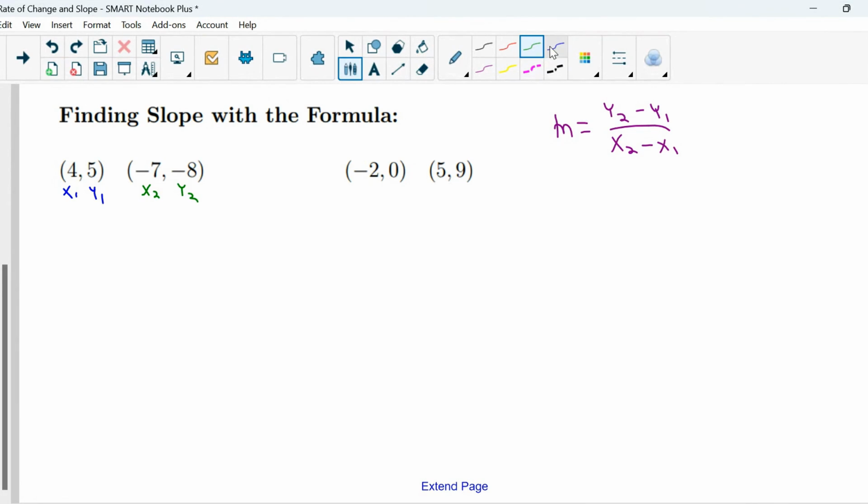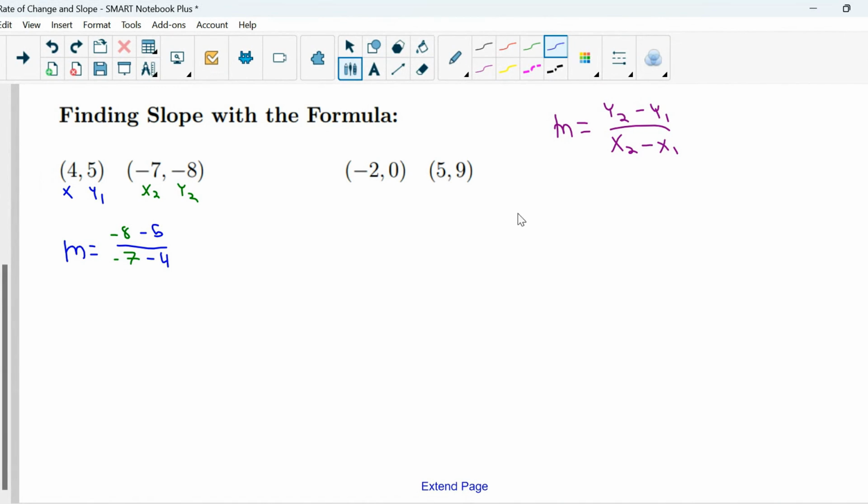Okay, so writing out our formula here, we have m equals y2, which in this case is -8, minus y1, which in this case is 5, all over x2, which is -7, minus x1, which is 4.